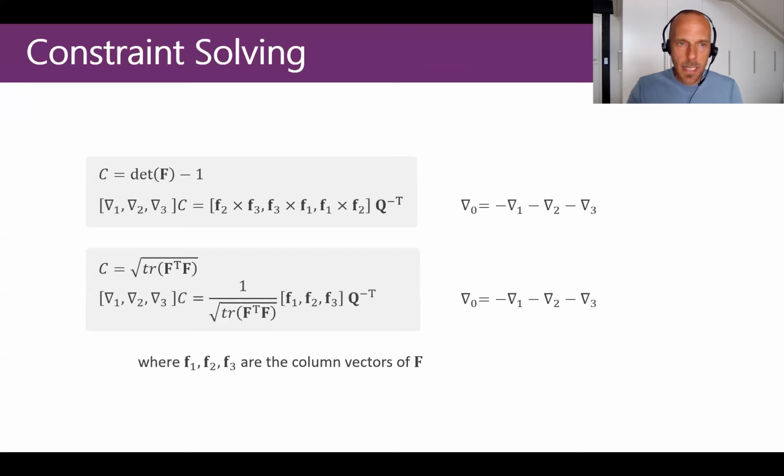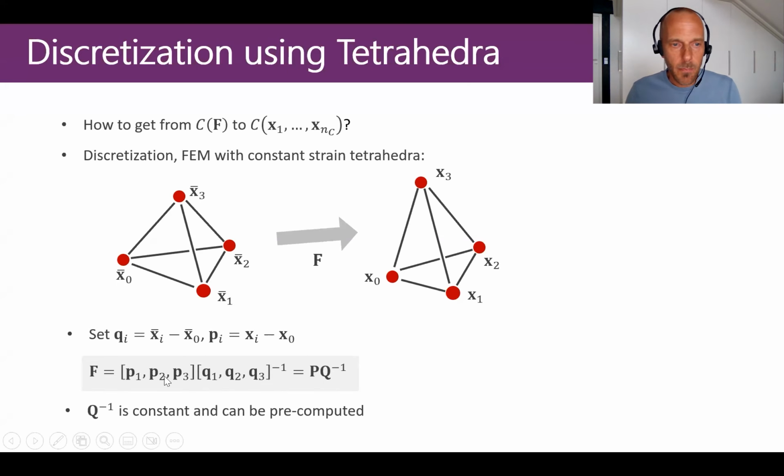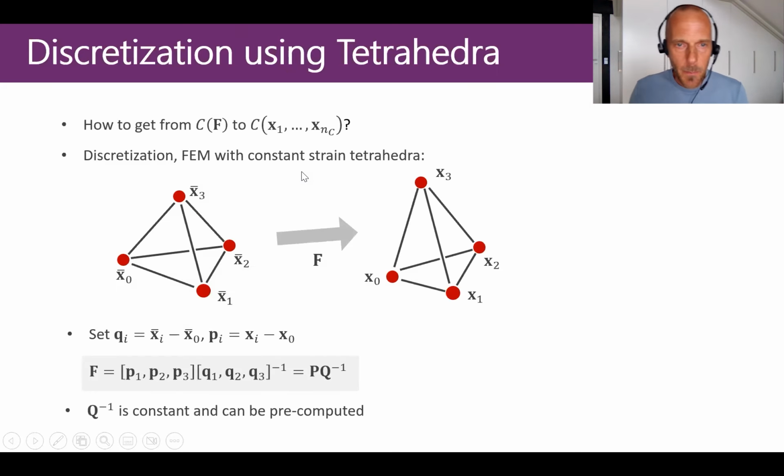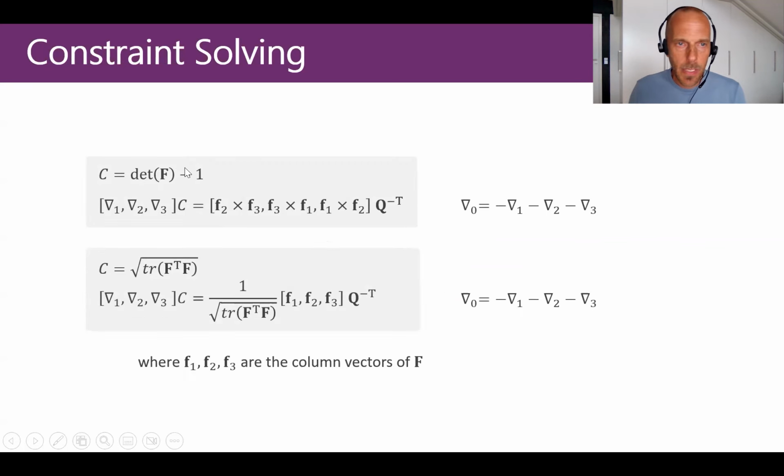Now, if we take this definition here and plug it into the earlier formulas that I just showed you, we can actually directly simulate these materials. So what we do is, for a tetrahedron, we take the deformed coordinates here, we compute F, as I just explained, and with that we can immediately compute the constraint function. What we also need is the gradients of the constraint function, and they can be computed pretty easily too.